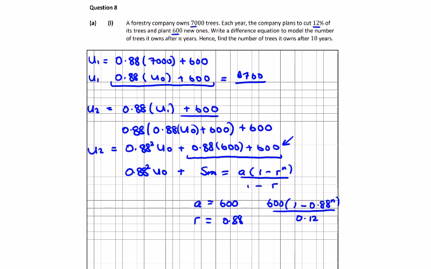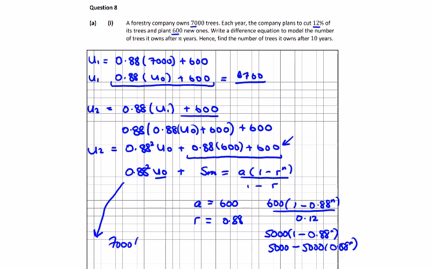And 600 divided by 0.12 is 5,000. So we're going to have 5,000 times 1 minus 0.88 to the power of n. So we are going to get 5,000 minus 5,000 of the 0.88 to the power of n. So bringing this down, U0 is 7,000.